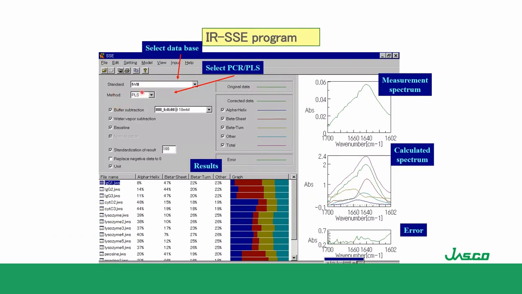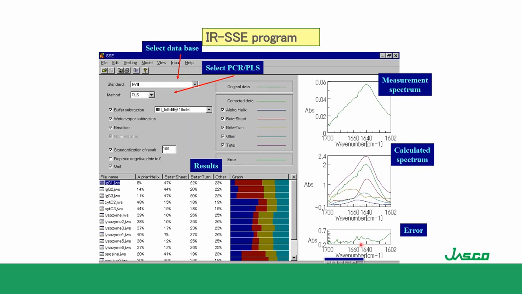So this is the interface of our software, and in here we can select the data. Of course, this is the spectrum that you want to study. The two algorithms can be chosen here, and the method is just a drop down. We can subtract the buffer. Usually the proteins are dissolved in a buffer, and we can subtract the water vapor, and we can do other corrections.